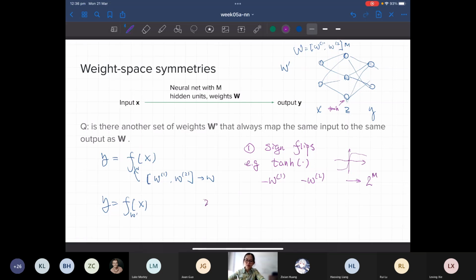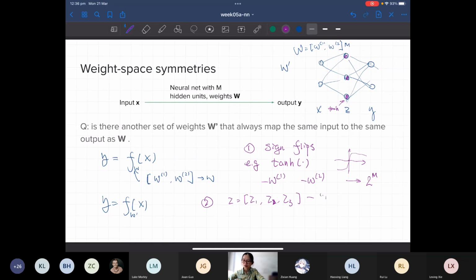And the second source of symmetry is, look, here are 3 neurons in a hidden layer. It actually doesn't matter which one is called the first neuron, the second neuron, the third neuron, and so on, right?